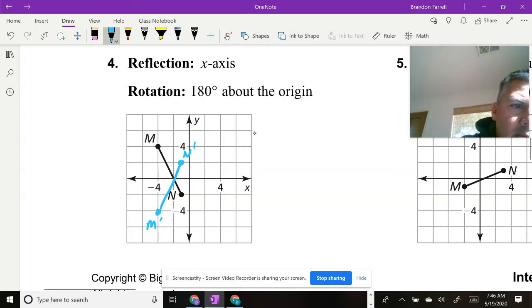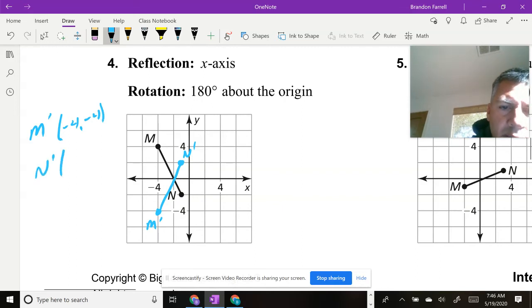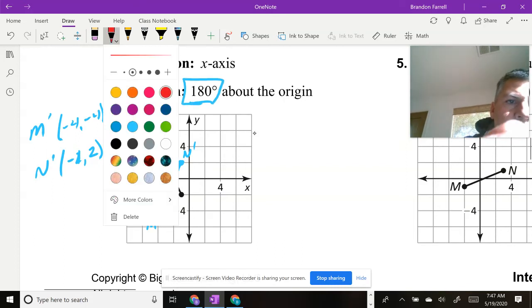Okay, so it's always good to do m prime and then label the points, which is negative 4, negative 4. And then n prime, which is going to be negative 2, negative 1, 2. All right, so now 180 degrees is 2 quadrants.